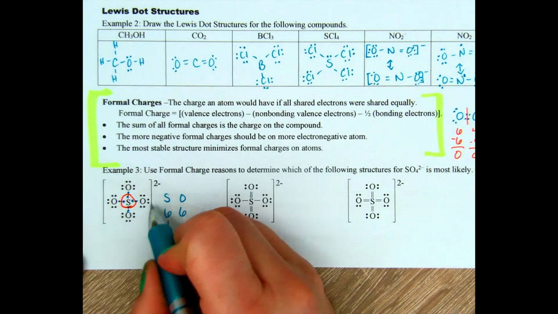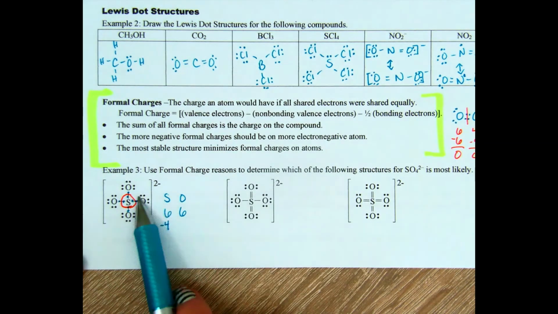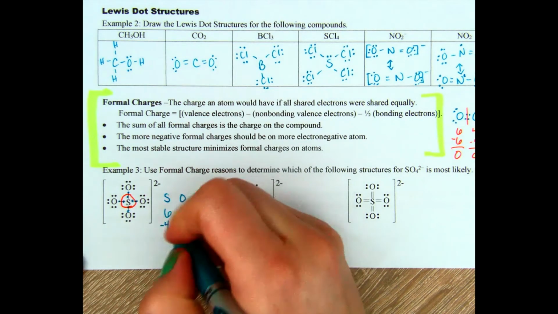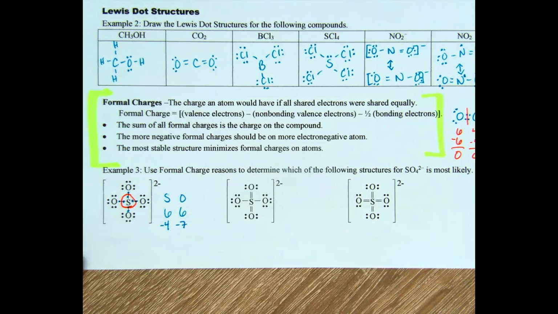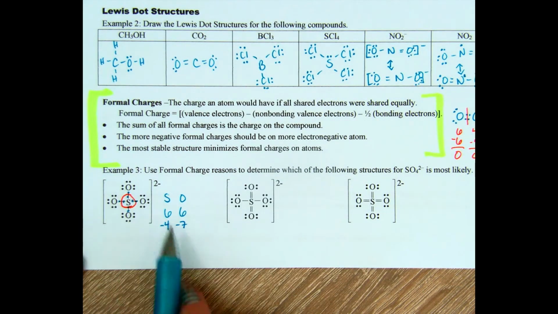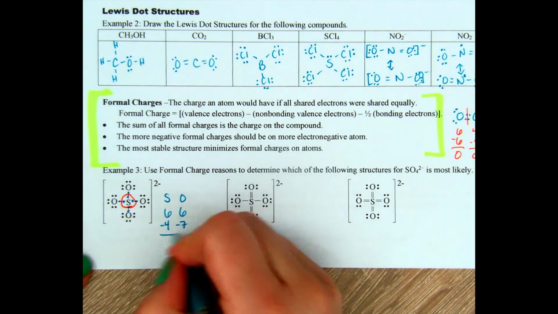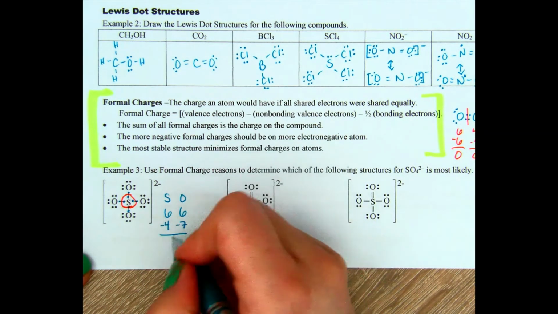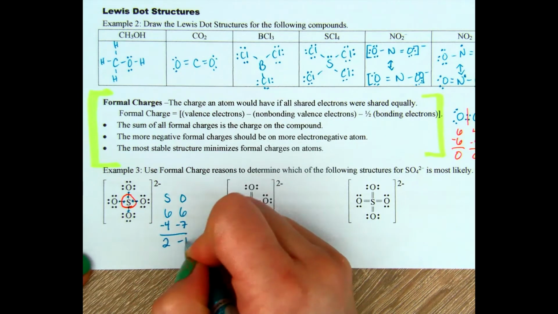Oxygen, how many do we have around oxygen in this structure? 1, 2, 3, 4, 5, 6, 7. So minus 7. Okay, and we notice that all our oxygens are equivalent here, so every oxygen is going to have exactly the same formal charge. So we're all done with that. 6 minus 4, that's 2. 6 minus 7 is negative 1.